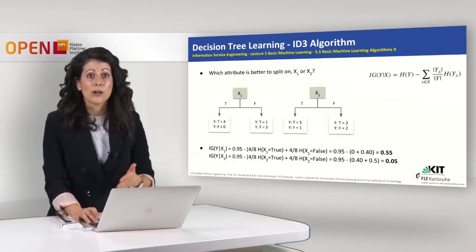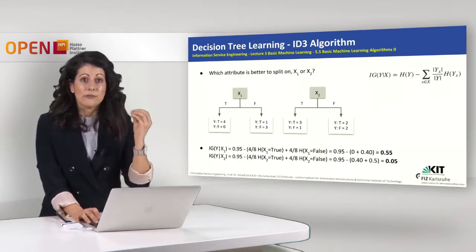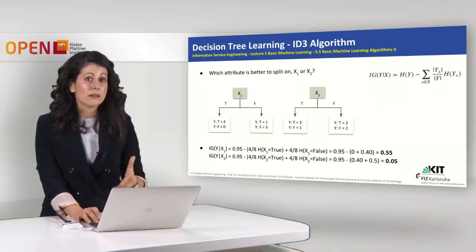So let's see now, if we apply the information gain formula, can we decide if x1 or x2 is the best attribute on which we are going to split?